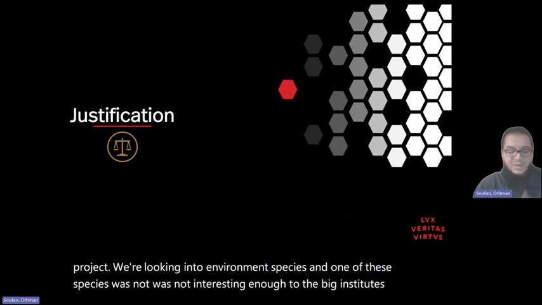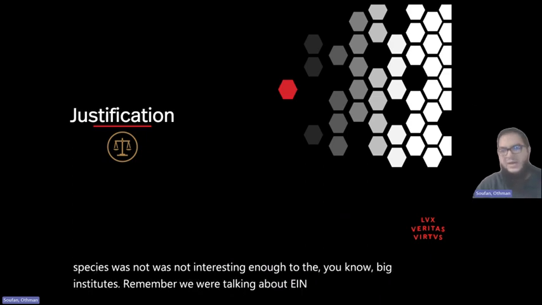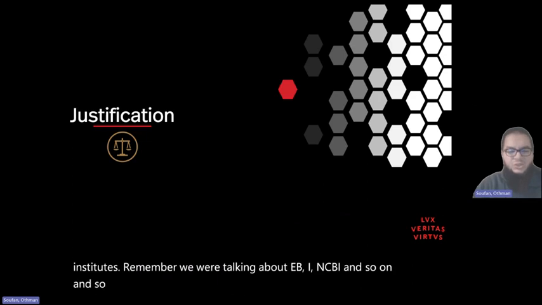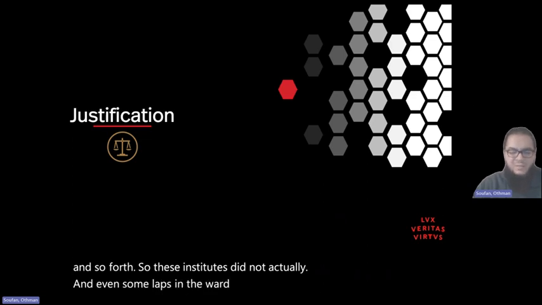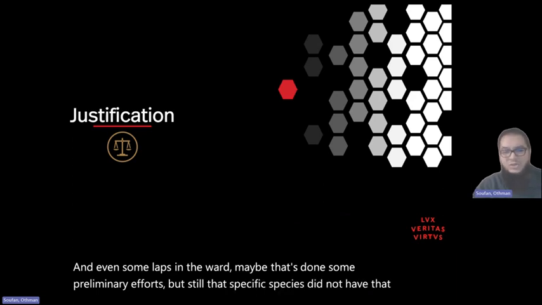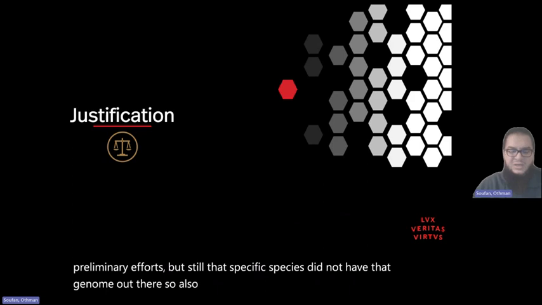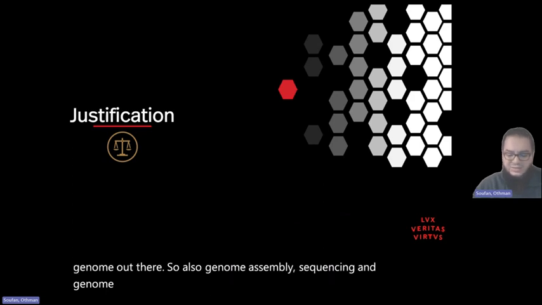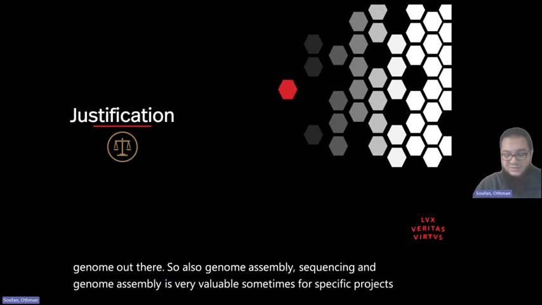Remember, we were talking about EBI, NCBI, and so on. These institutes did not, and even some labs in the world maybe did some preliminary efforts, but still that specific species did not have the genome out there. So genome sequencing and genome assembly is also very valuable sometimes for specific projects because of specific needs.